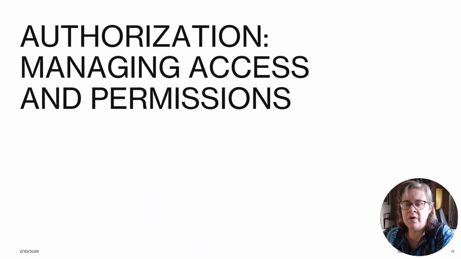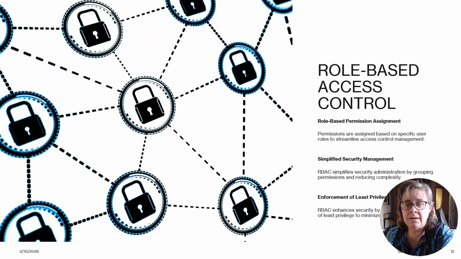Authorization defines what authenticated users are allowed to do. The following section covers access controls, policy enforcement, and practical examples. RBAC, or role-based access control, assigns permissions based on user roles, simplifying management and improving security to enforce the principle of least privilege.